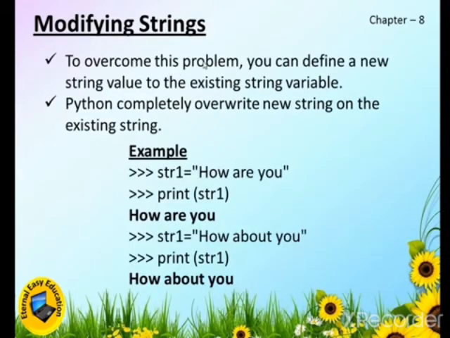So to overcome this problem, you can assign a new string value to the existing string variable. For example, if str1 is how are you, print str1, it will print the statement. If str1 is how about you, that means we are totally changing the whole statement, because we cannot change a single letter.